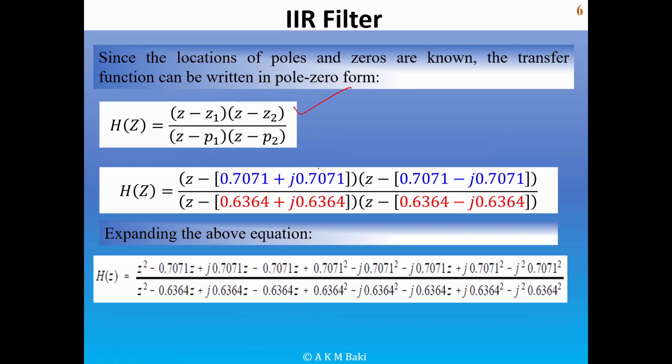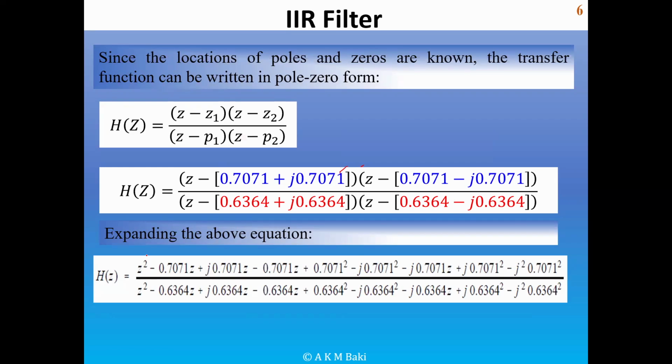So those values are added here. You can see this is z1, this is z2, as well as this is p1, this is p2. The remaining part is the calculation process. There is nothing else to think about beyond the calculation. Calculation means doing the corresponding multiplication and taking the value.